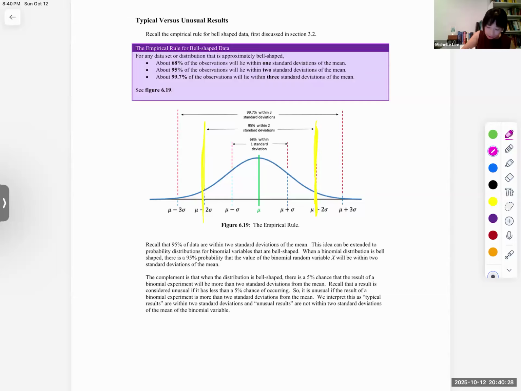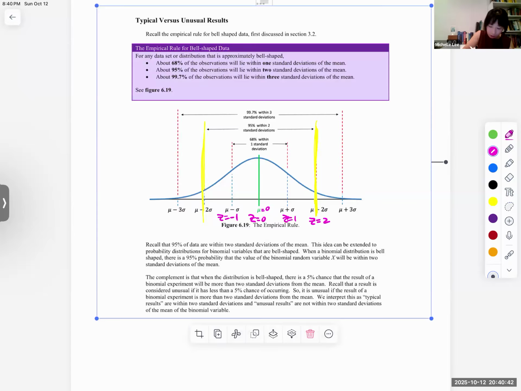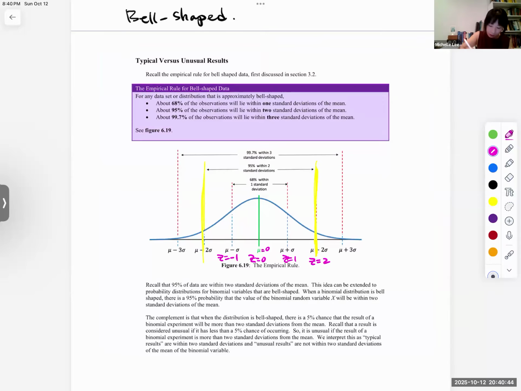So z equal to 0 at mu, 1 standard deviation means z equal to 1, and in that case z equal to -1. And here z equal to 2 and z equal to -2, right? So we learned that when the z-score is below -2 or above +2, that's an unusual event, right?